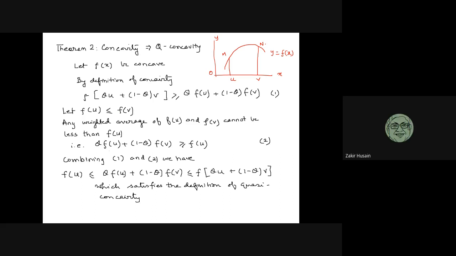Okay, yeah, it may be possible. Yes, because in the last class that graph was drawn as a decreasing function. This is an increasing function graph. Yes, sir. Okay, but is this clear? Yes, sir, it is clear now.